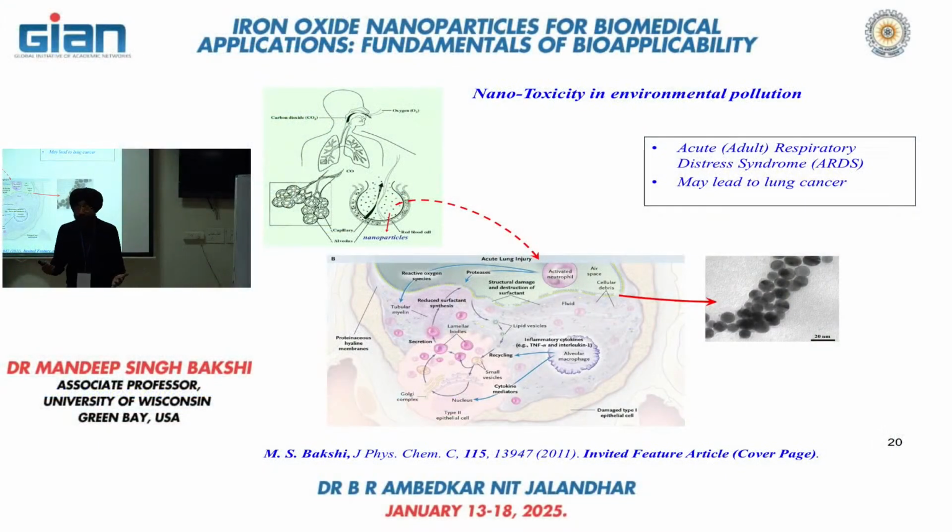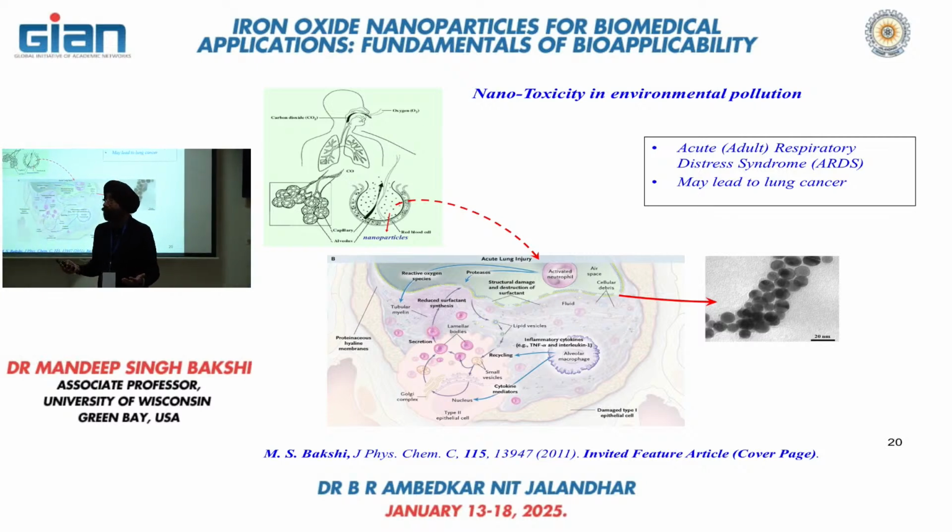As I told you, we have respiratory problems because of the side effects of the COVID vaccine. But what are the respiratory problems in this part of the planet? It is probably not the COVID vaccine that is creating the respiratory problem, but the pollution, right? So this is another form of nanotoxicity.